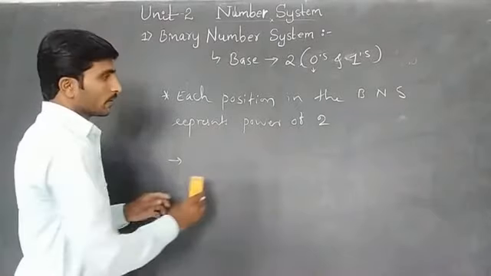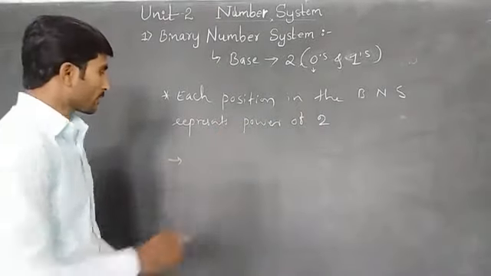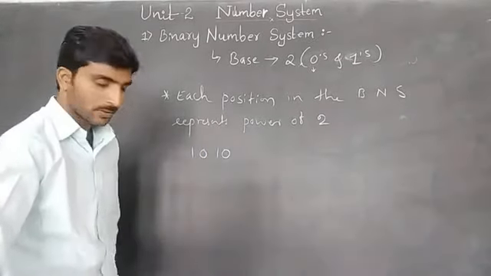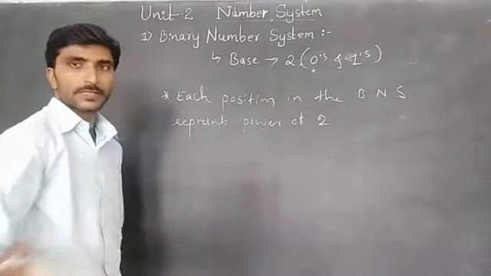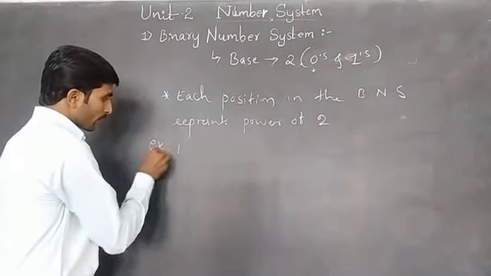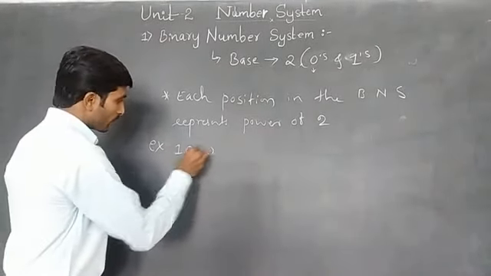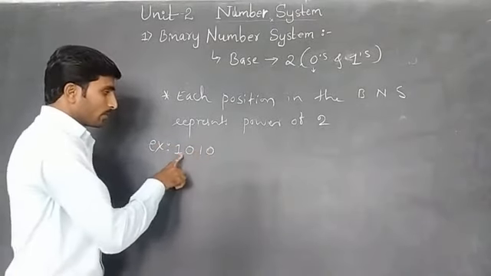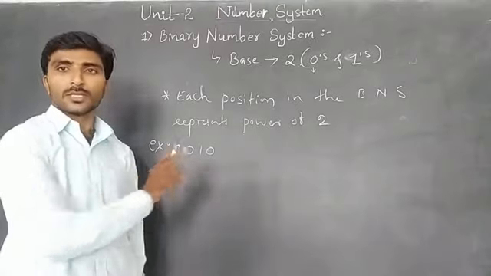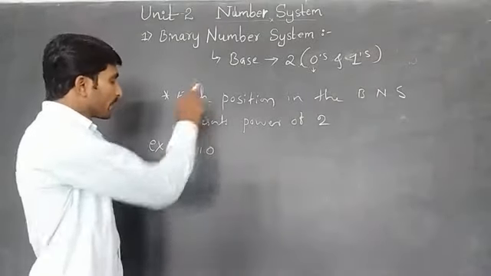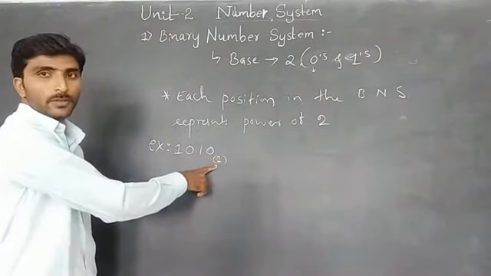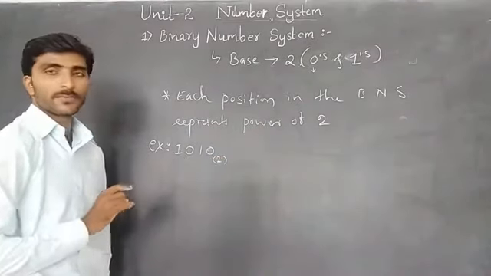Here is another example, 1010. So this is a binary number. When you write the base like this, 2, this is called the binary number system.